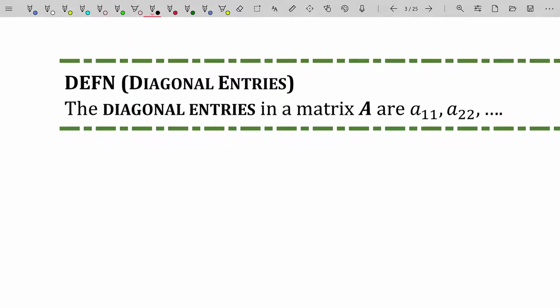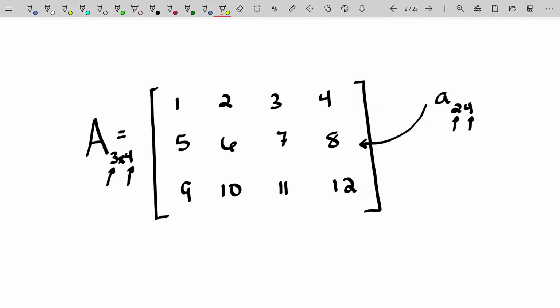That is, the diagonal entries in the matrix A are A11, A22, A33, A44, and so on and so forth. For example, in this matrix, A11, A22, and A sub 33 are the diagonal entries.